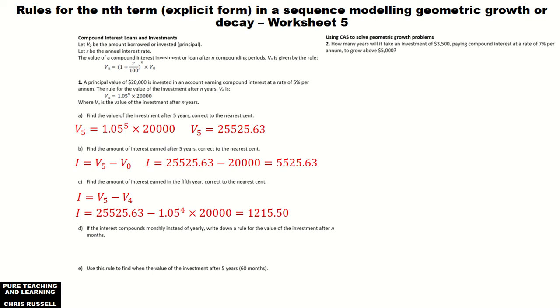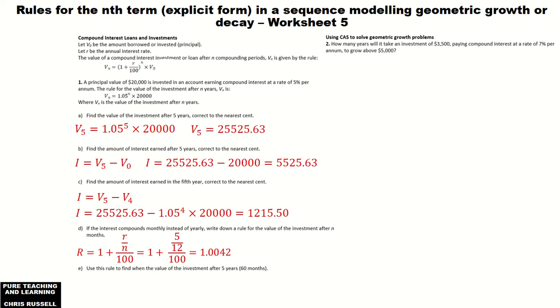Okay, D. If the interest compounds monthly instead of yearly, write down a rule for the value of the investment after n months. Now this whole line here shows just how the common ratio can change depending on how many times the investment is compounded. So the common ratio equals 1 add the interest rate divided by the number of compounds, then divided by 100.